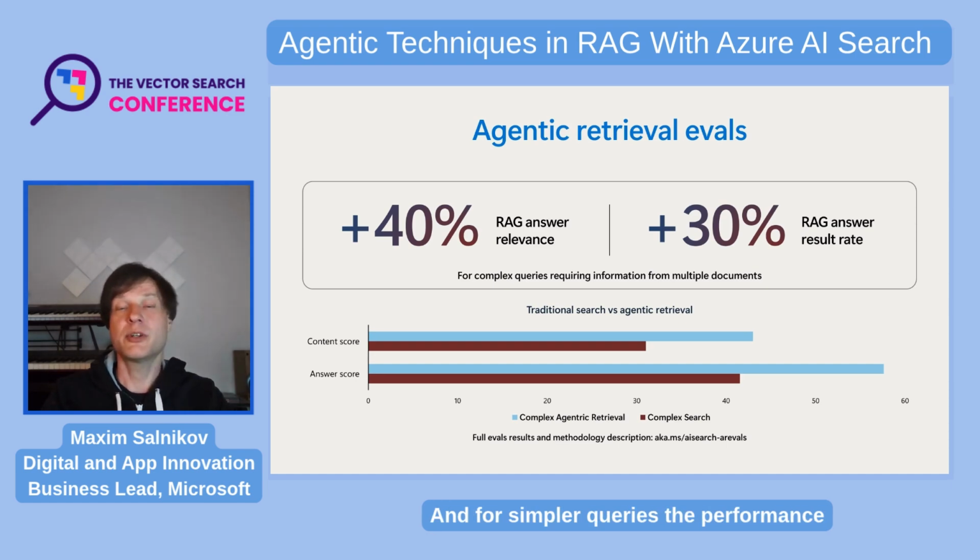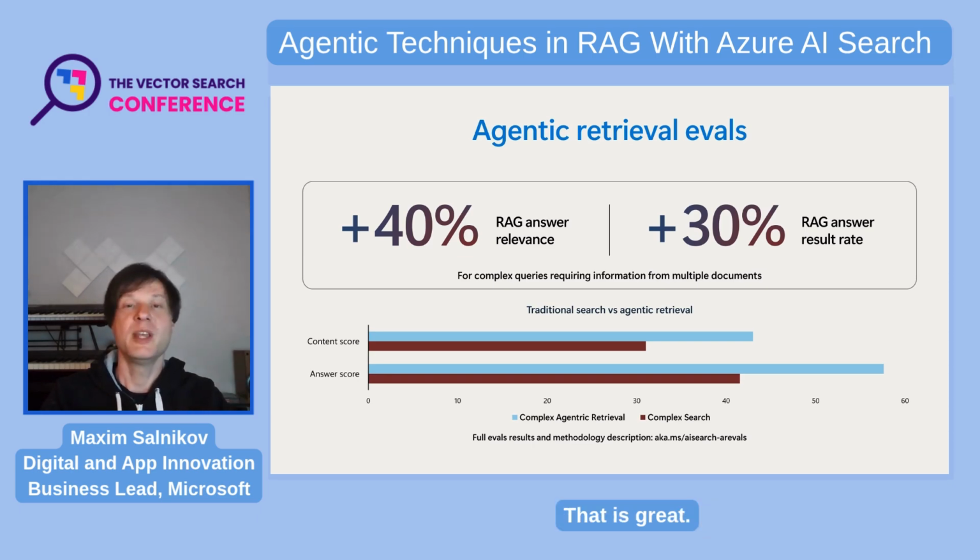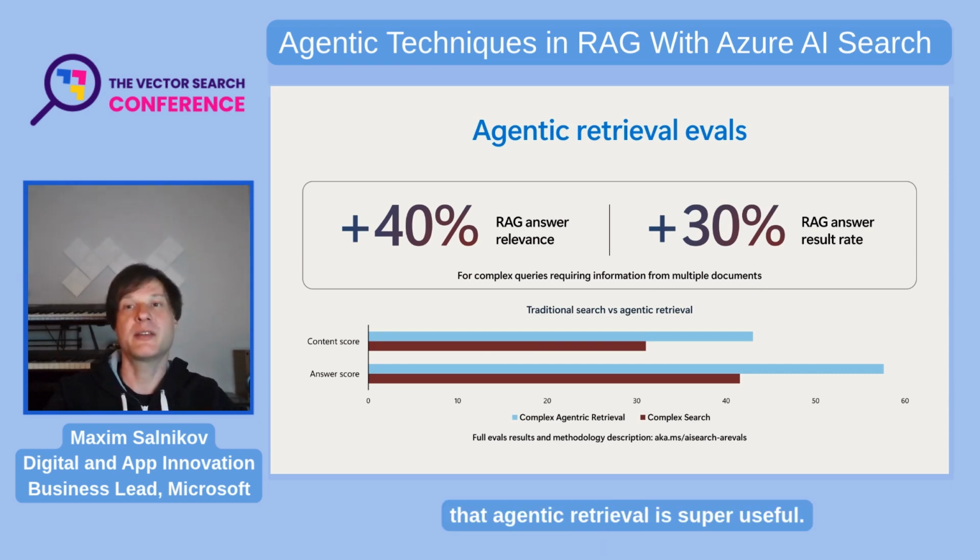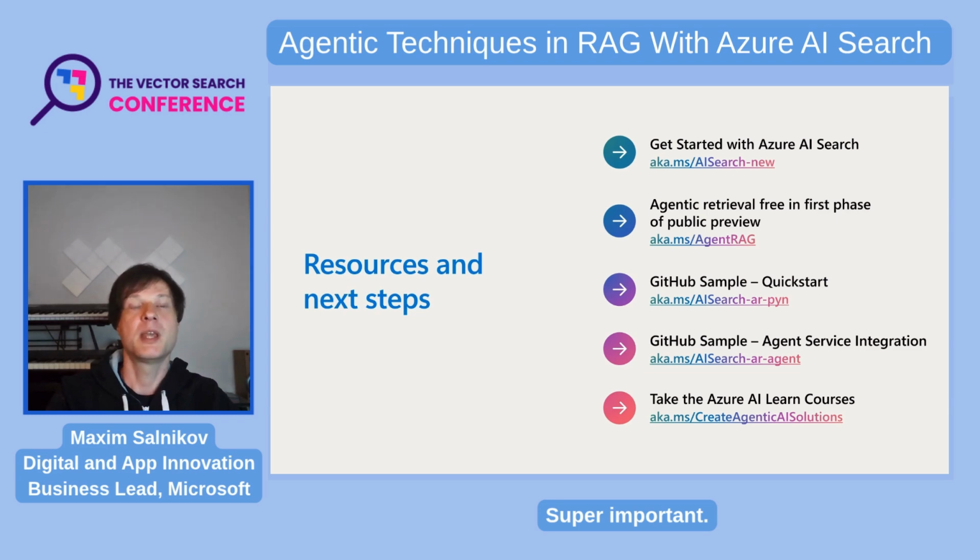And for simpler queries, performance remained comparable, suggesting no regressions. That is great. Agentic retrieval appears to be particularly beneficial for handling more complex information needs, and that proves the fact that agentic retrieval is super useful, super important.